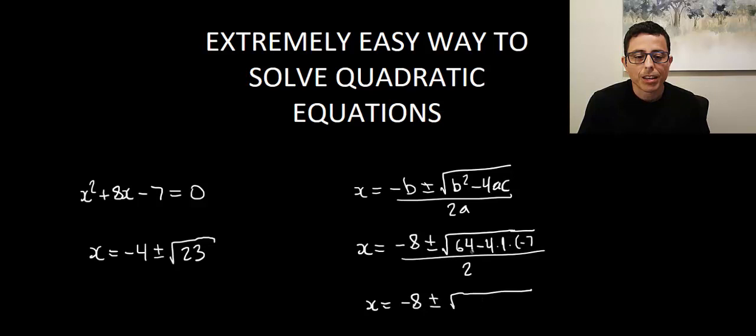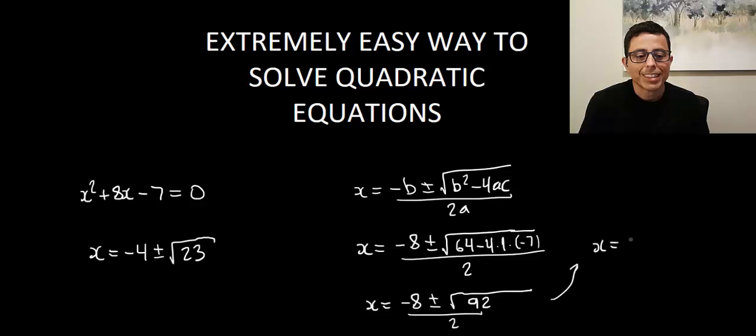Then this would be -8 plus or minus square root of 64 plus 28, right? So that would be 92, and this is divided by 2.